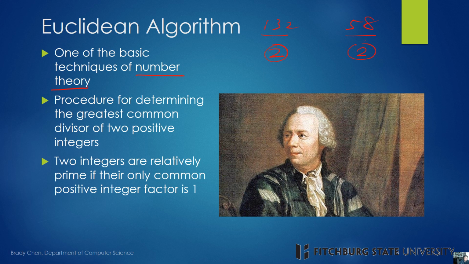This requires a lot of work. The Euclidean algorithm allows us to quickly determine the greatest common divisor of two positive integers. Based on this, you can easily find whether two numbers are relatively prime. That's another concept that we're going to talk about. For now, let's skip that third statement.